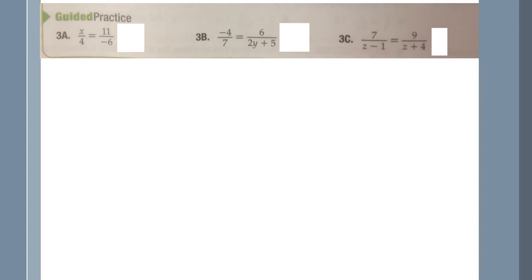Okay, well, hopefully you did pause the video right there and work these out. But if you didn't, I get it. So let's do this one here. I get negative 6x equals 44. Once we do our cross multiplication, right? This one we can just do in our head. So divide each side by negative 6, and I get 44 over negative 6.